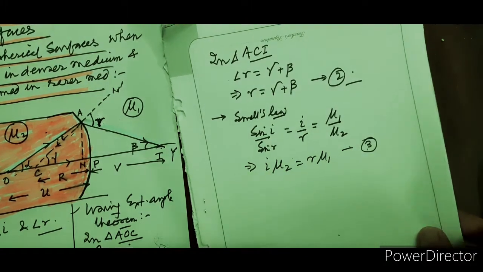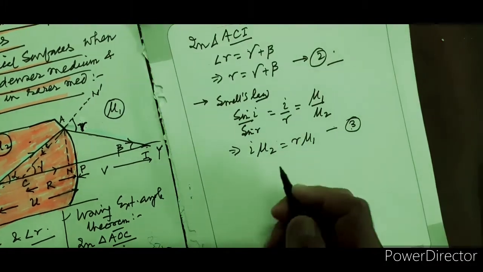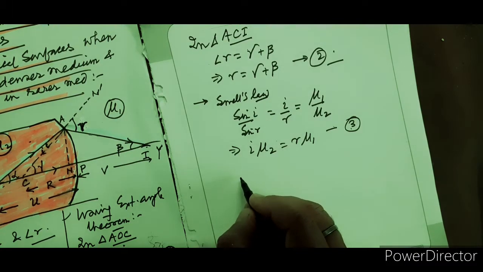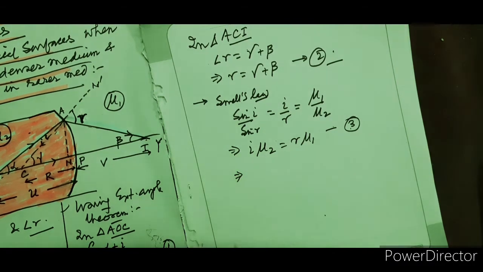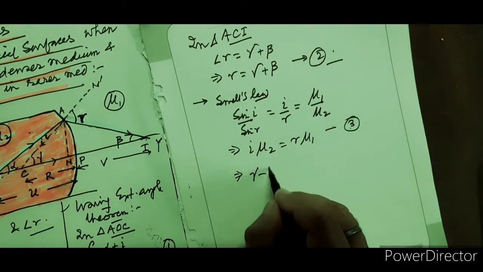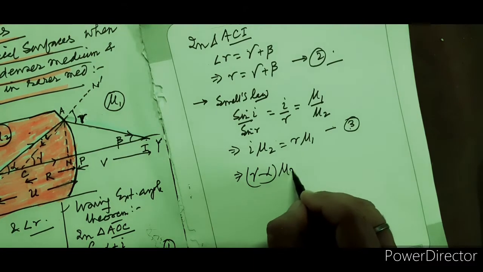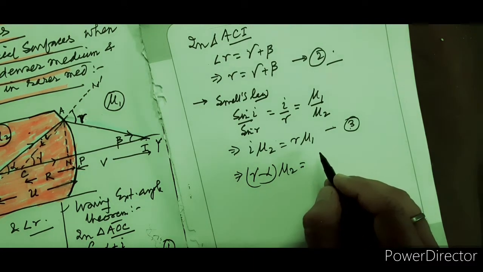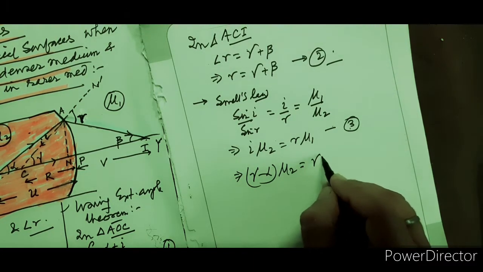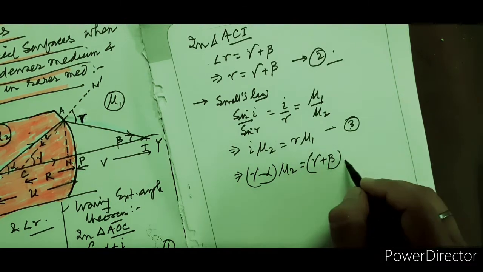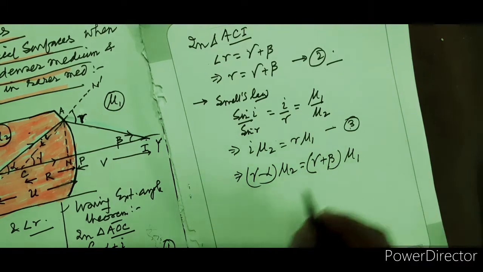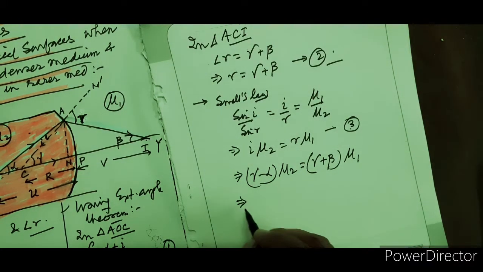Right. Now what we have to do is put the value of I and R. The value of I we found is gamma minus alpha, times mu2, and the value of R is gamma plus beta, times mu1.